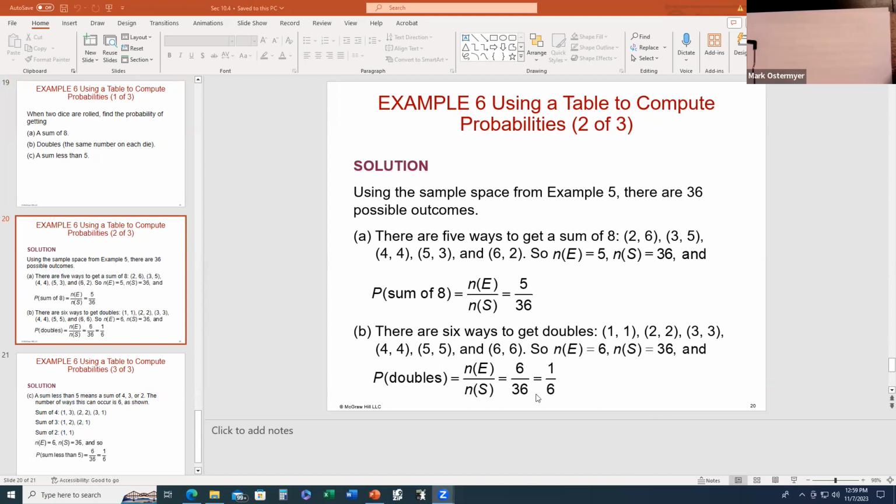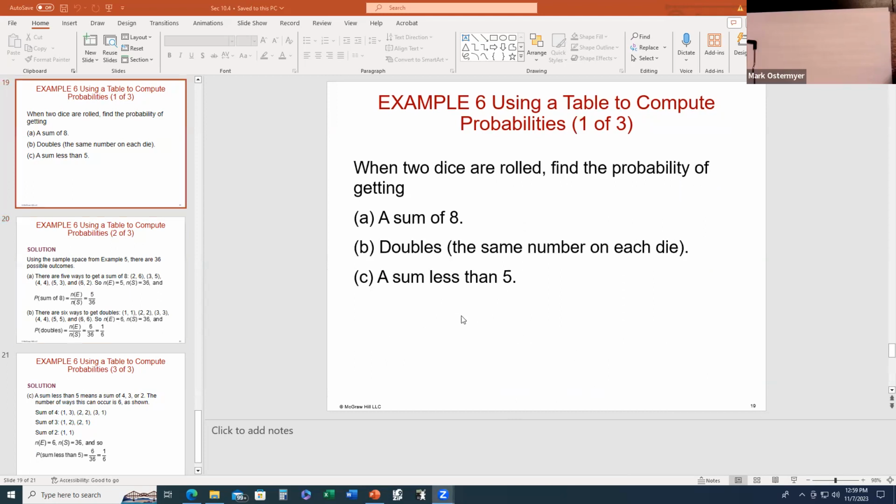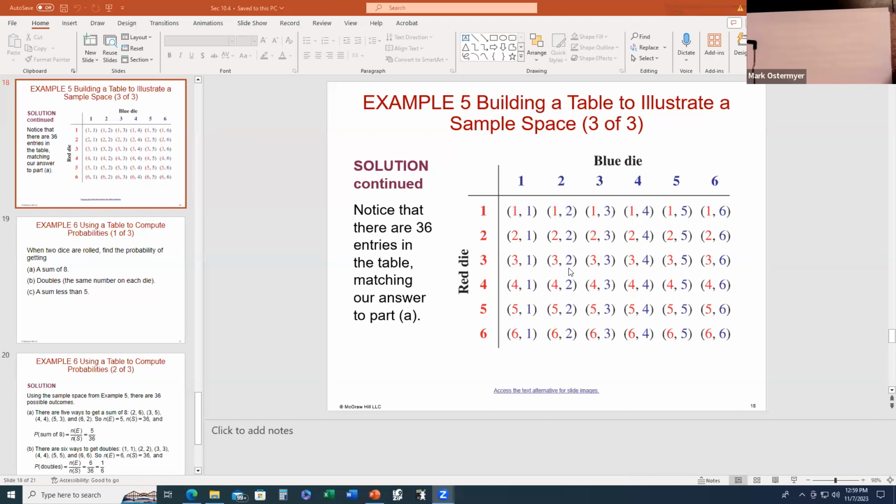All right. This is making sense how we're computing these probabilities by using a table of all of our outcomes here. What's the probability of rolling a sum less than 5? How can that occur? A sum less than 5? Well, how many different ways can we roll a sum of less than 5? Let's see.